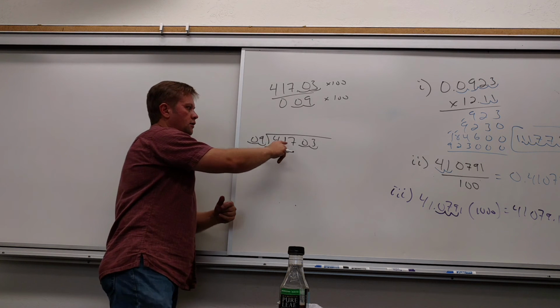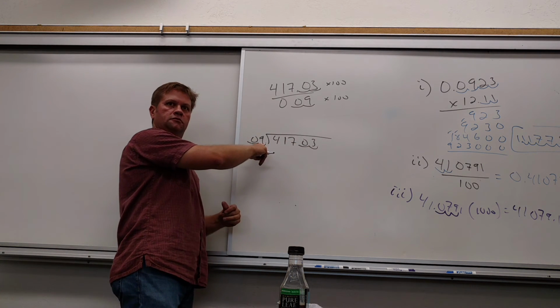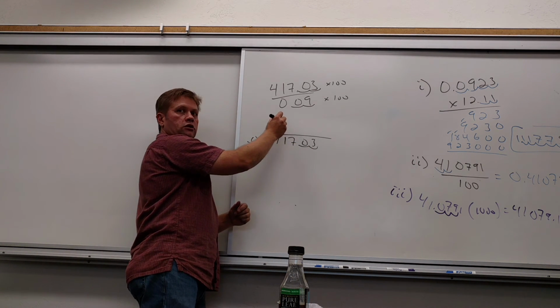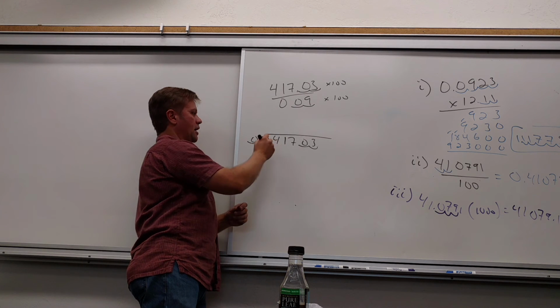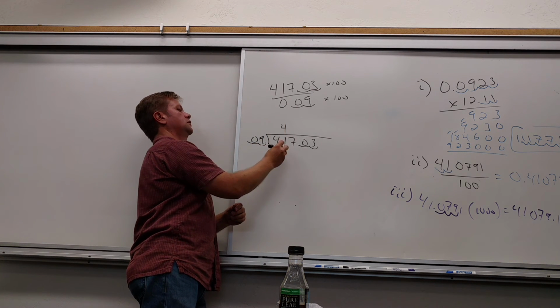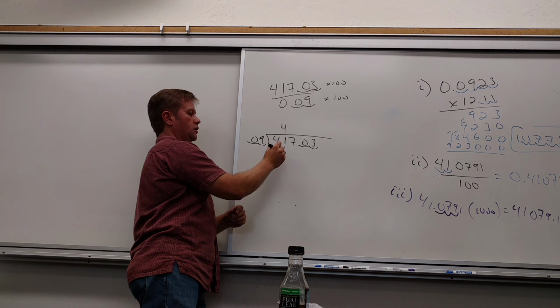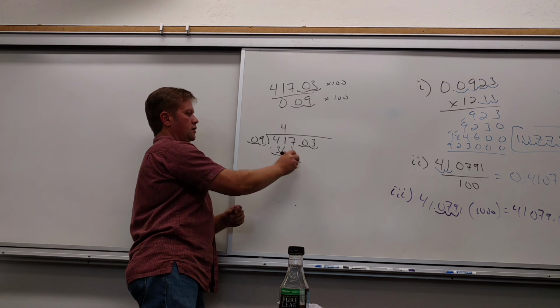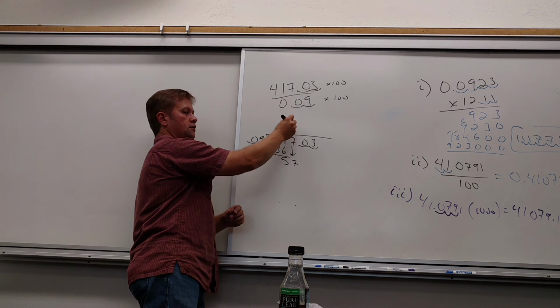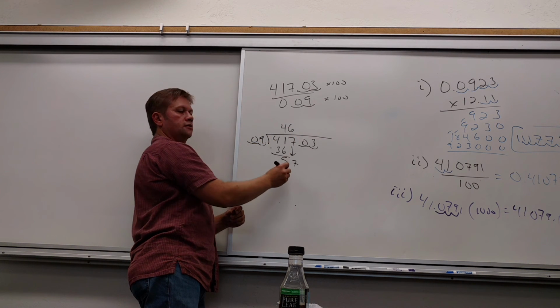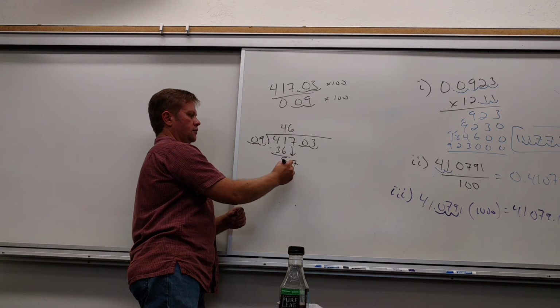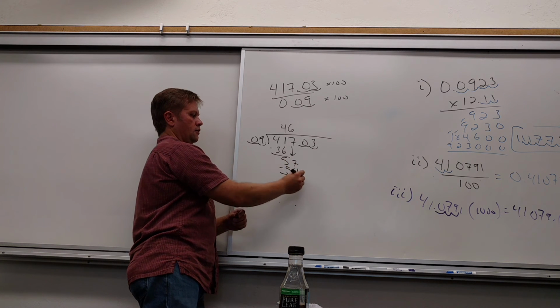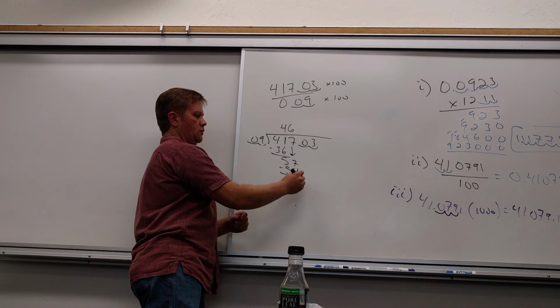And now you just got to divide 41,703 by 9. 9 goes into 41 4 times. 4 times 9 is 36. 5, bring down the 7. 9 goes into 57 6 times. 6 times 9 is 54. 7 minus 4 is 3.